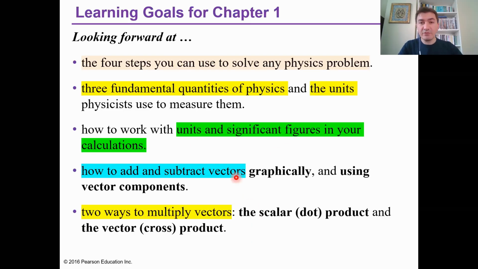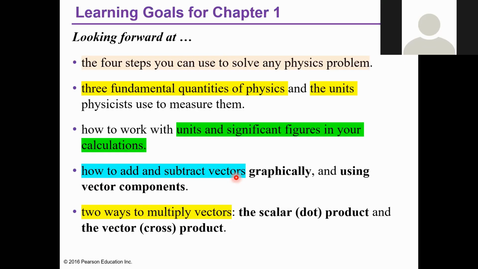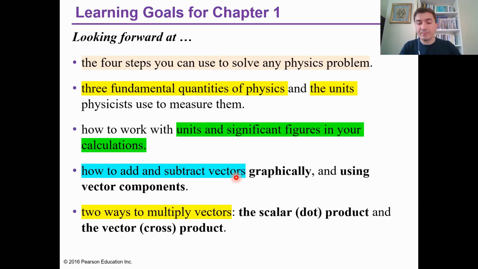Let me tell you something here. This chapter is very important, but another important point within that chapter is that you will use the knowledge learned within that chapter everywhere. In each chapter of this course, also in physics 2, everywhere you will use that information in your physics courses.